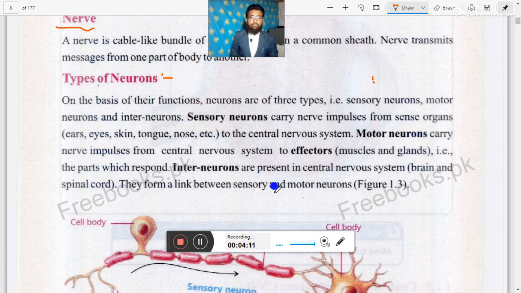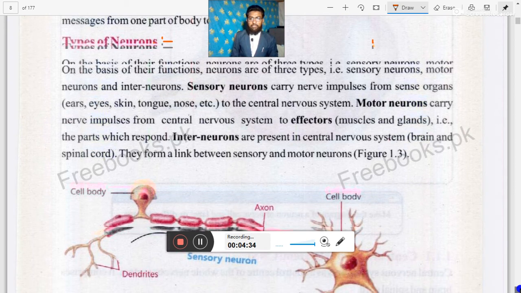They form a link between sensory and motor neurons. Here, cadets, the function of the interneuron is to link the sensory neuron to the motor neuron, and they also take part in the interpretation of the messages in the central nervous system.